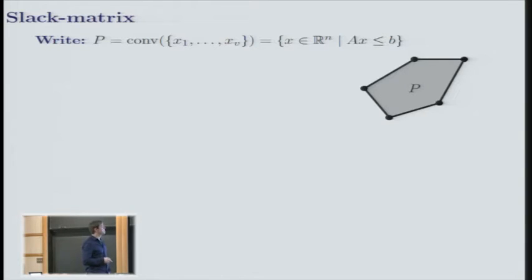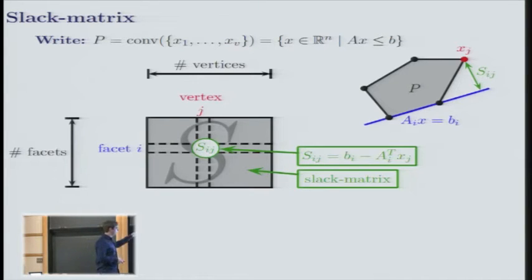And now the slack matrix is a huge matrix where you have a row for every facet of the polytope, and you have a column for every vertex. The entry in the slack matrix represents the slack which that vertex has with respect to the facet.